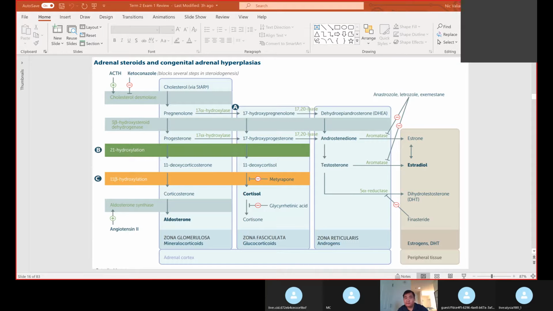Are we clear? Yes. This is high yield, guys. Okay, check blood pressure and check sex hormones. Ones place is about sex hormones. If there's a 1 there, it means it is increased.